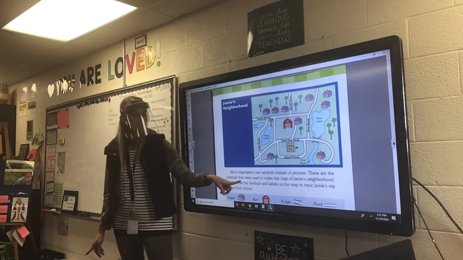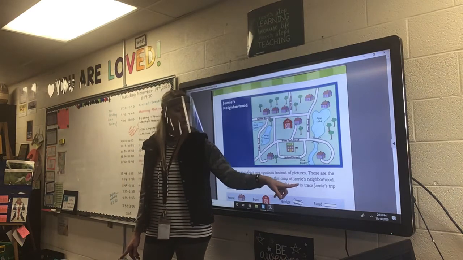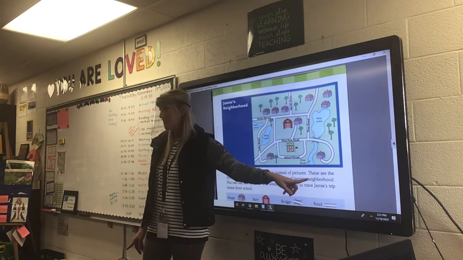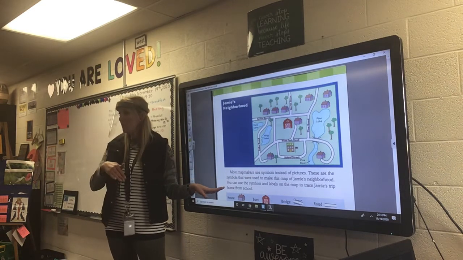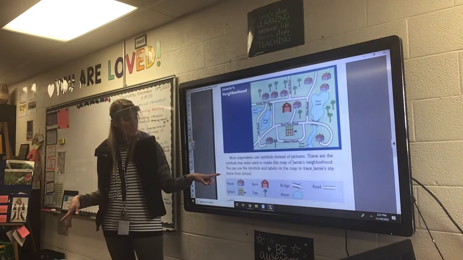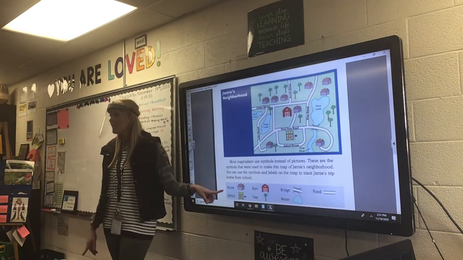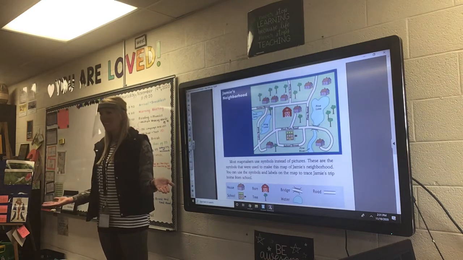You can use the symbols and labels on the map to trace Jamie's trip home from school. So if you look down here, this first symbol is a house. Is it actually a picture of a house?